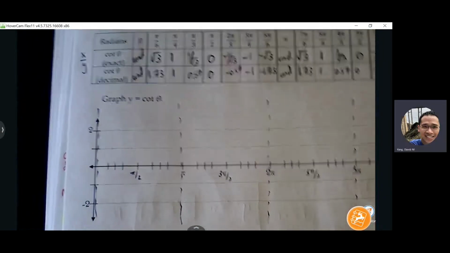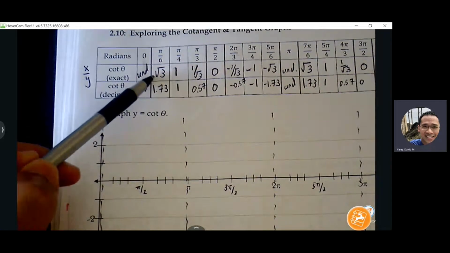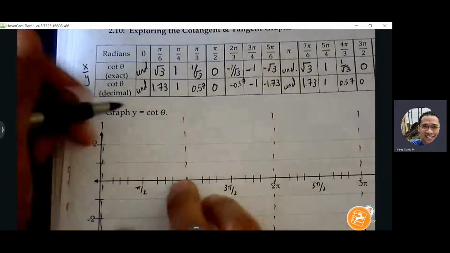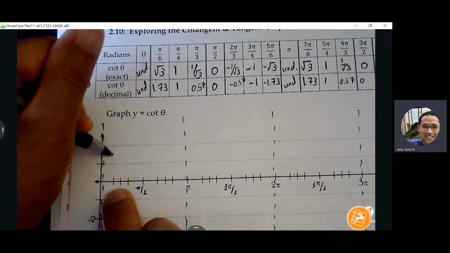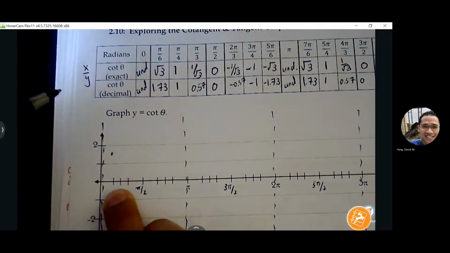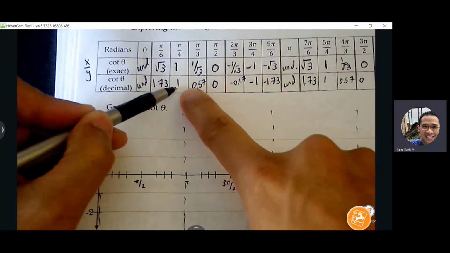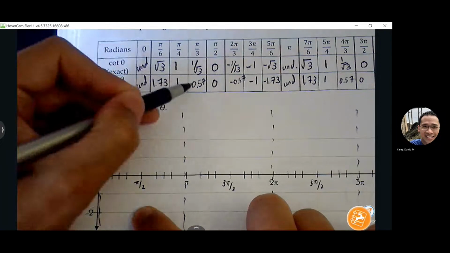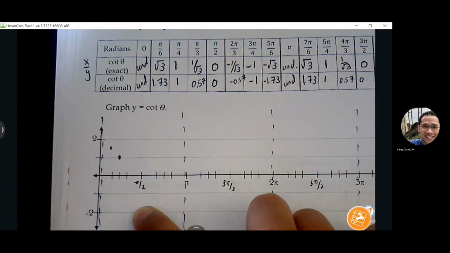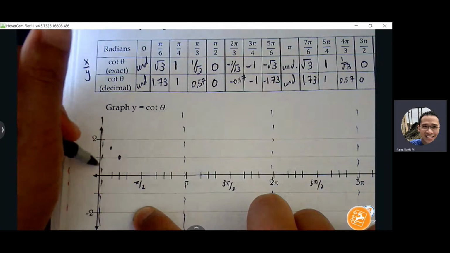Okay, so let's go ahead and plot these ordered pairs here. We see there's a vertical asymptote at 0, but then at pi over 6, we're going to go up to 1.73. That's the first tick mark. Halfway between 1 and 2. Sorry, halfway between 1.5 and 2. 1, pi over 4. 0.57, that's between 0 and 1.